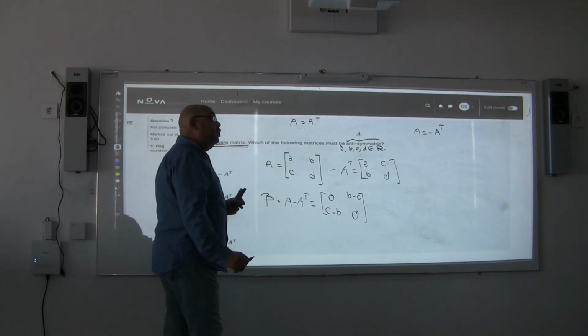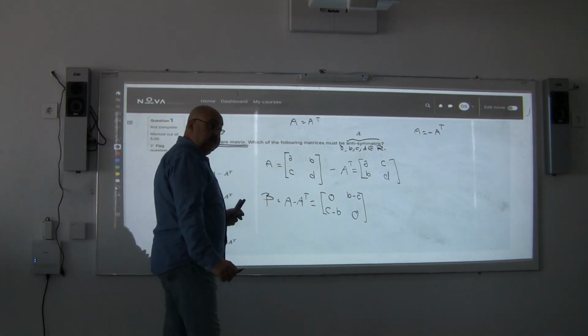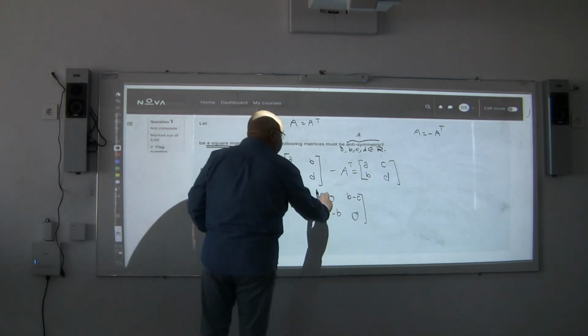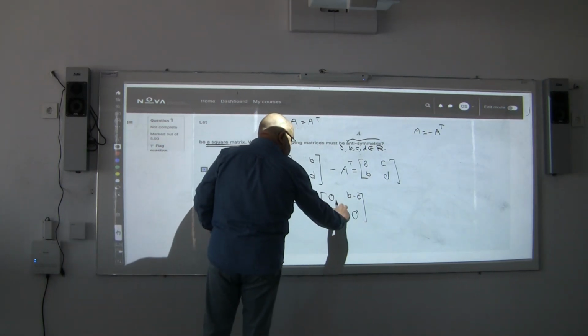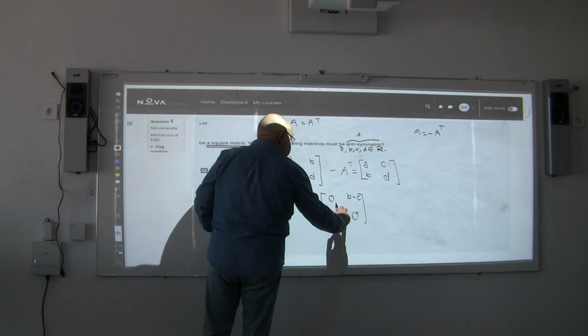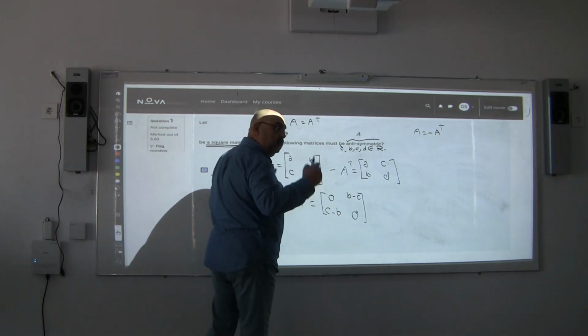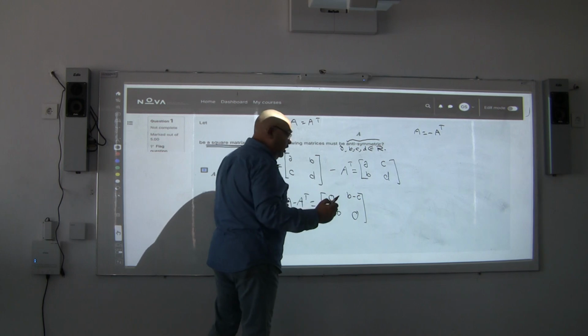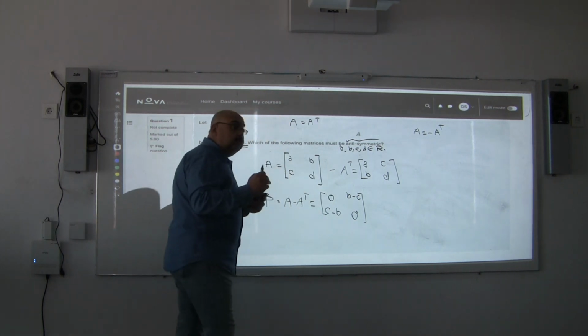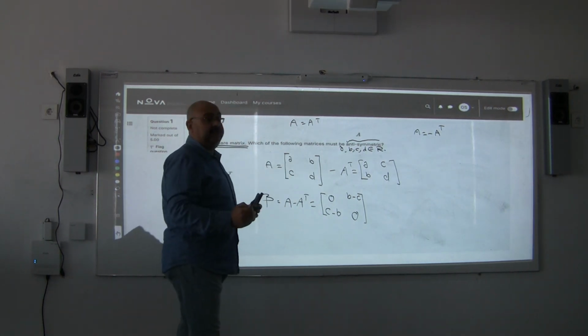For skew symmetric matrices in general, first of all, the elements of the principal diagonal are equal to zero, and the other elements, when i doesn't equal j, will be equal to each other but with a negative sign.